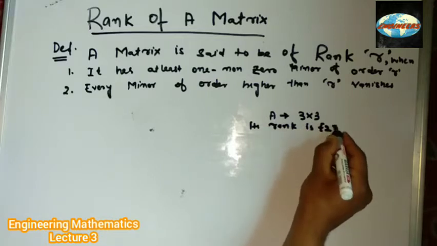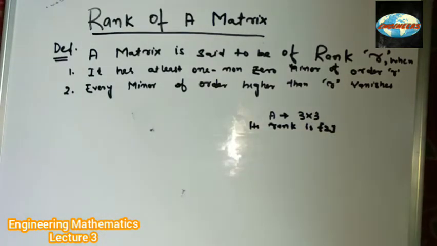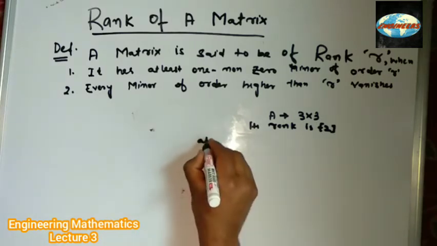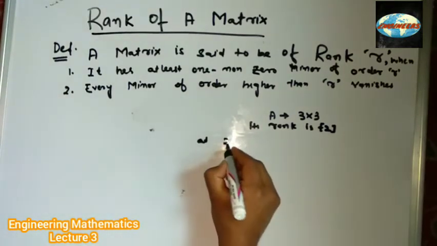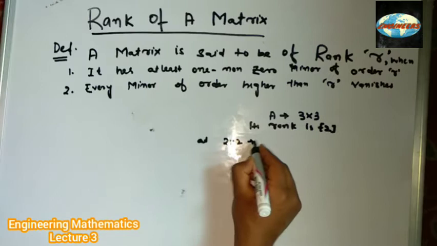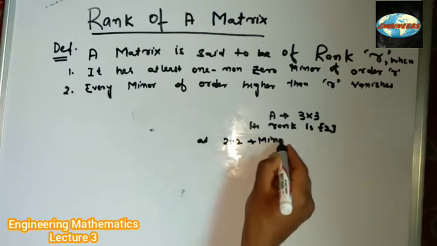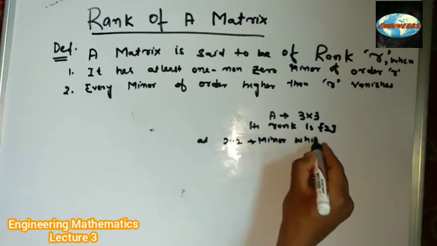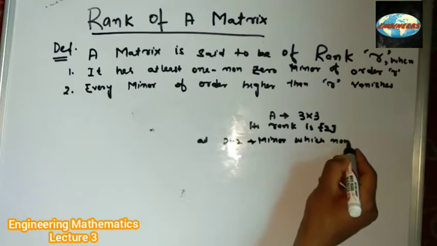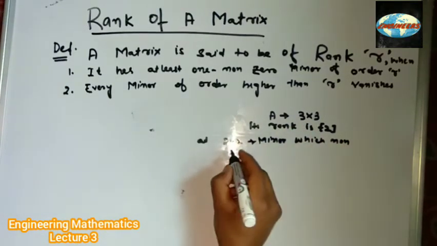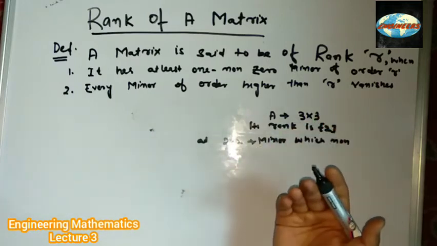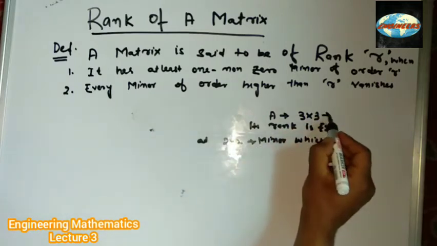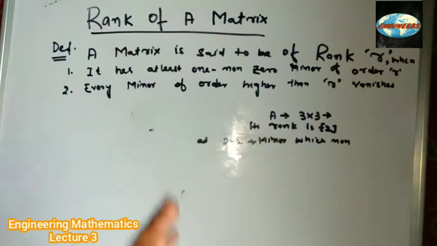That means it has at least one 2x2 minor which is non-zero, and minors of order higher than 2, that is 3, should be 0.